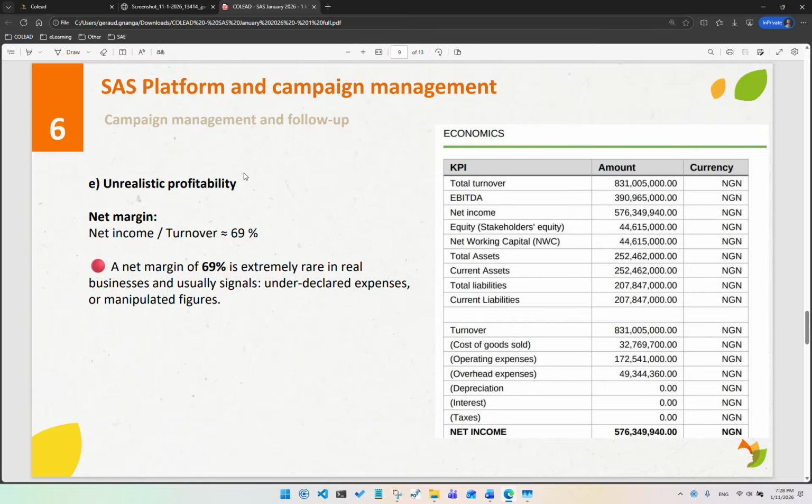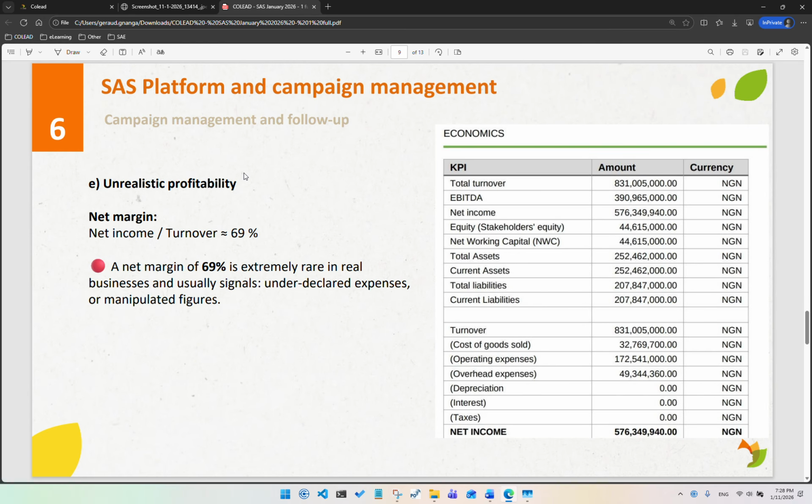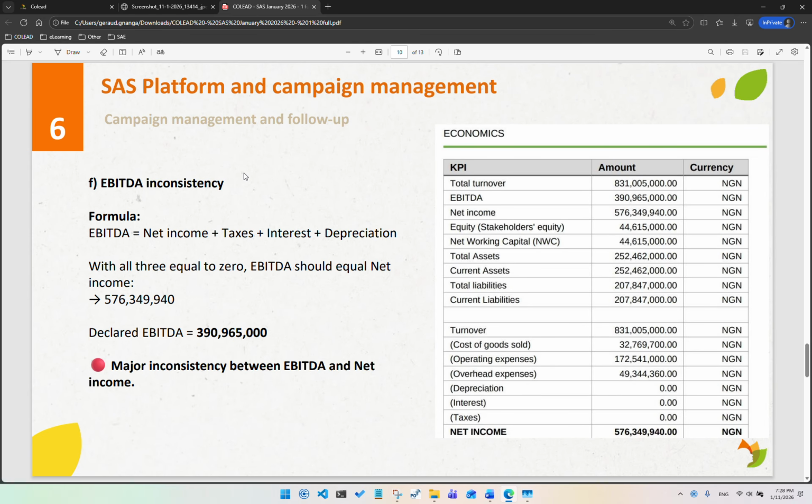You should also verify the coherence of EBITDA, which should be equal to net income plus taxes, interest, and depreciation. The EBITDA data that you see here should equal net income plus taxes, interest, and depreciation.